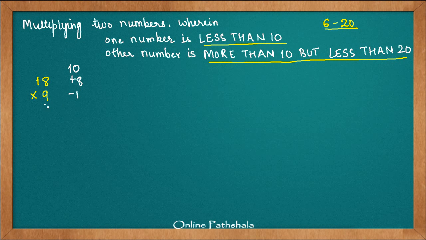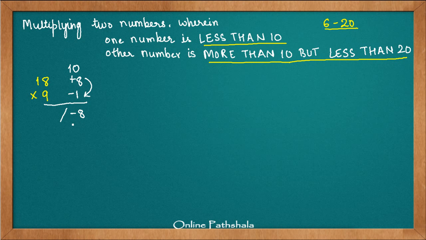Now in order to arrive at the answer, we follow the same method as we did earlier. We multiply this column over here and also follow the multiplication rule for signed numbers. So when we multiply a positive number by a negative number, the result is a negative number. So plus 8 multiplied by minus 1, so 8 into 1 is 8, and plus into minus is a minus, so I get a minus 8.